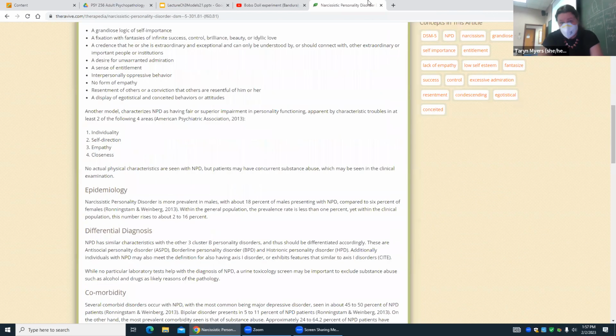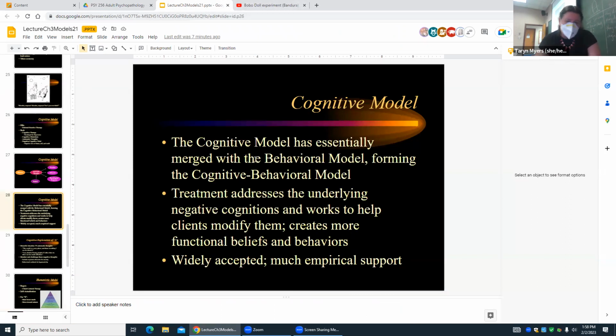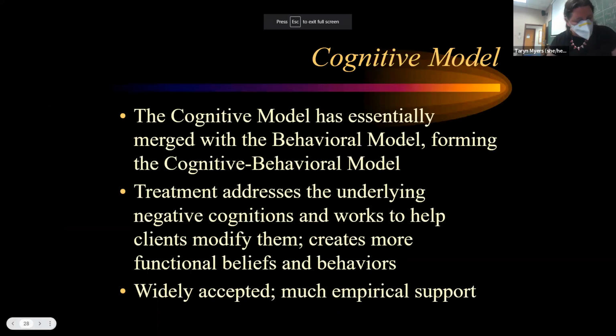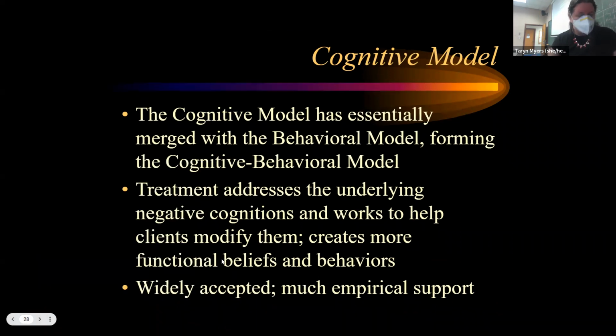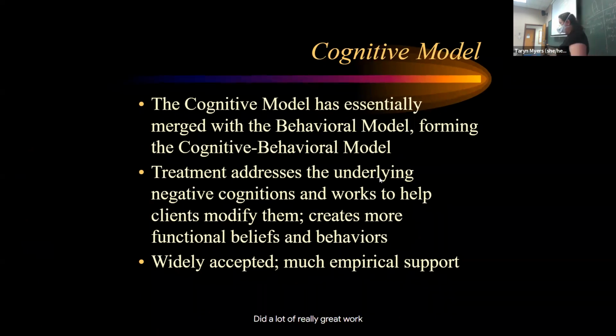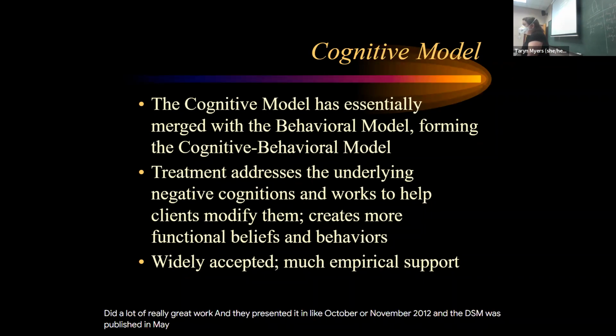Now, and we'll get into this a lot more when we get to personality disorders, ideally, the personality disorders are going to be restructured in the 6th edition of the DSM. There was a group of psychologists and psychiatrists who did a lot of really great work to try to revise them. They presented it in October or November 2012, and the DSM was published in May 2013.